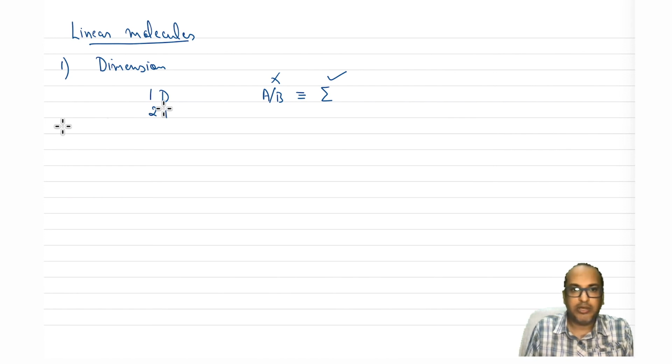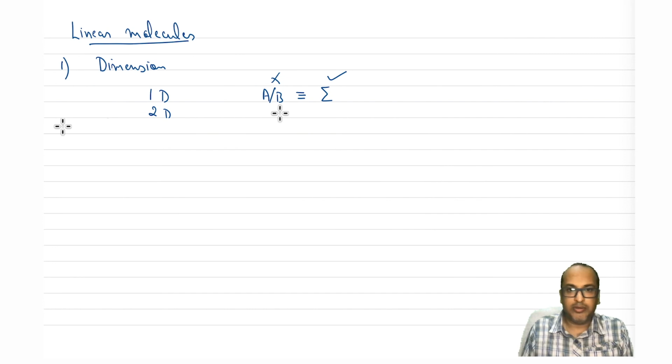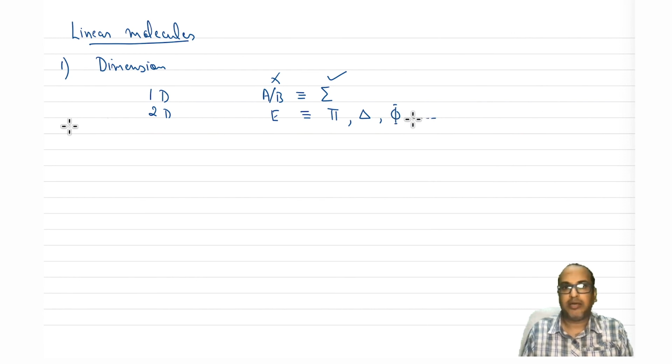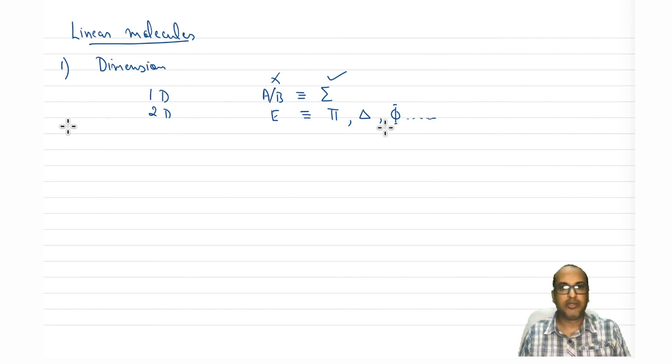And for two-dimensional representations, in other molecules like non-linear molecules, we used to write E. In this case, we write capital pi, capital delta, or capital phi, and you can take up different symbols.